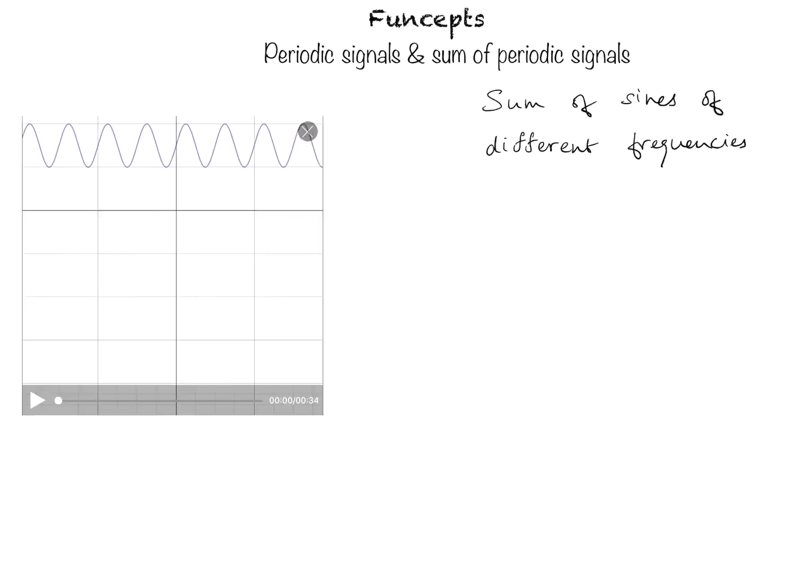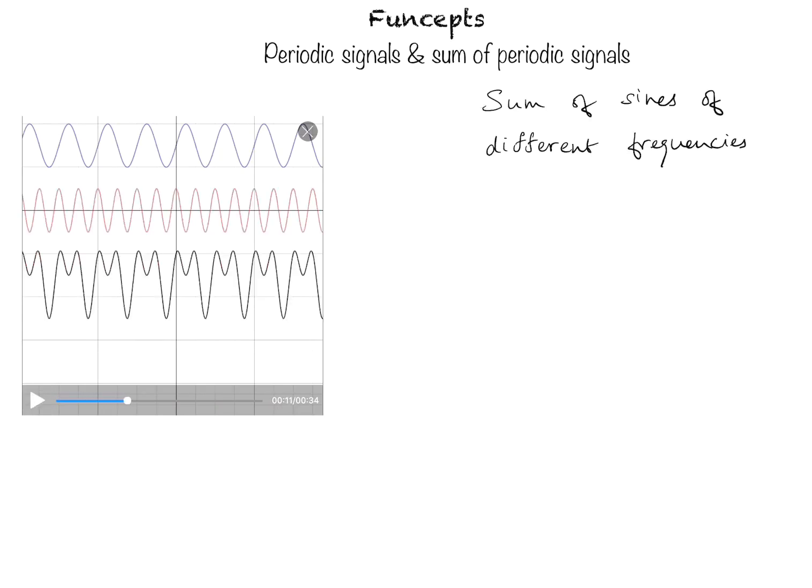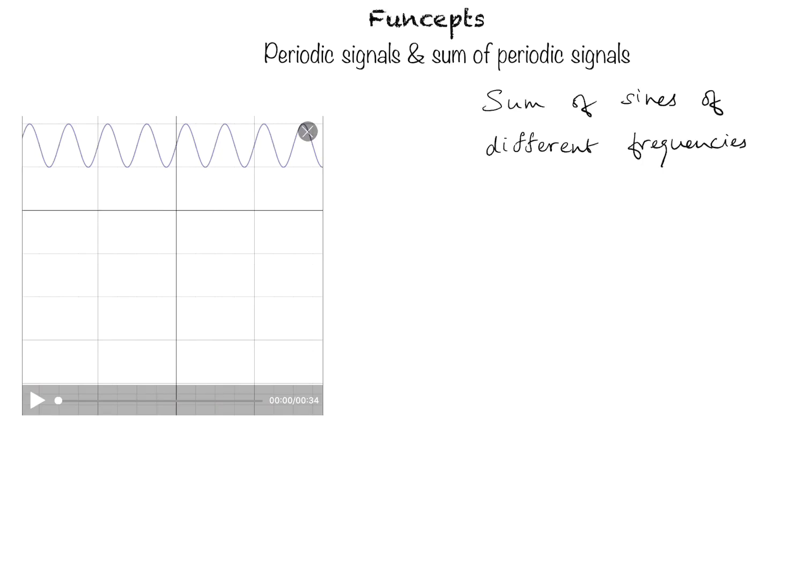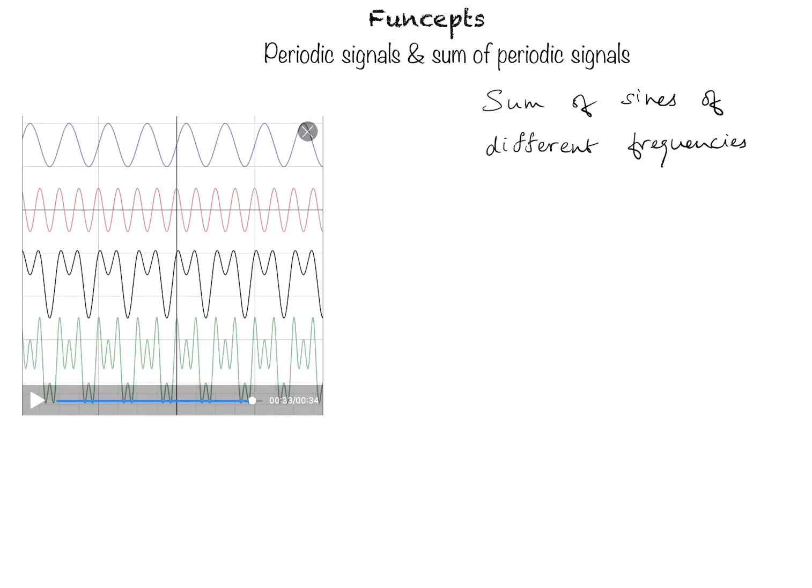Okay, so similarly we have another illustration here with sine waveforms, where we have sine waves of different frequencies added together, and we again observe the same effect. That's a sine wave, and that's a sine wave also, but its frequency is twice that of the top sine wave.